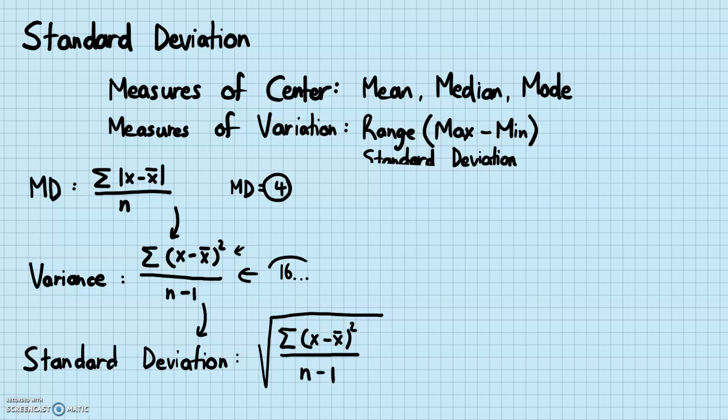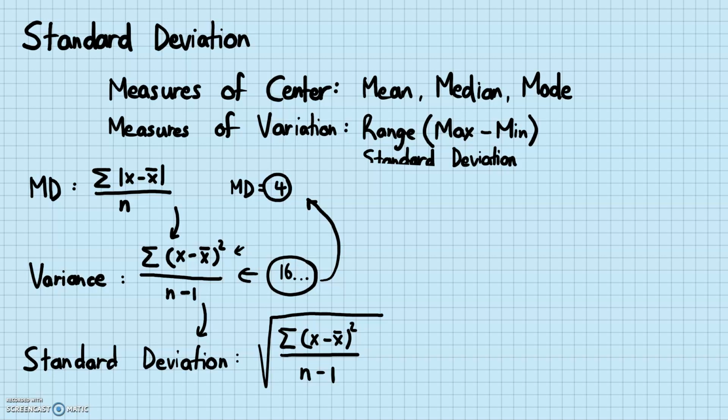So it's basically taking the square root of that to get back into something that looks a little bit like that. Of course, it's not going to be exactly like this, but you're going to get something close to the mean deviation. But in fact, standard deviation gives you a lot more accurate information than what the mean deviation does.